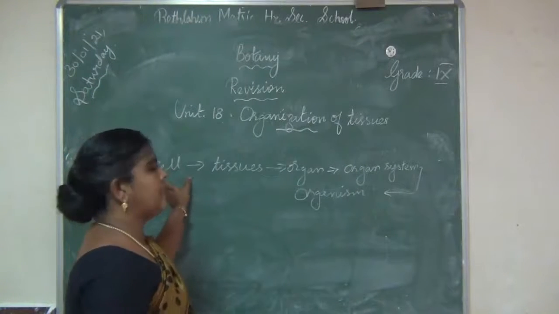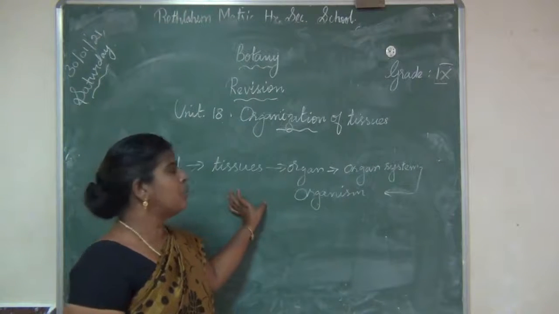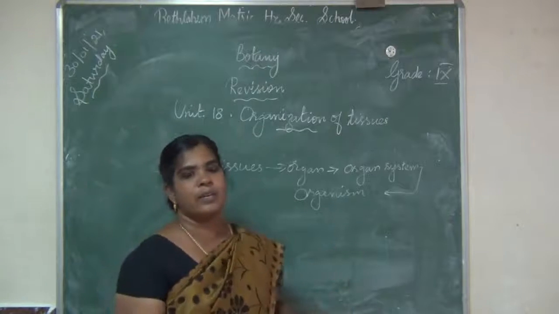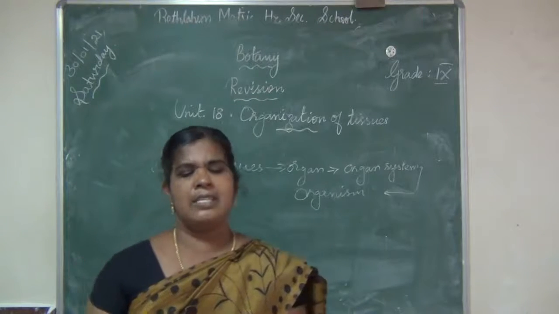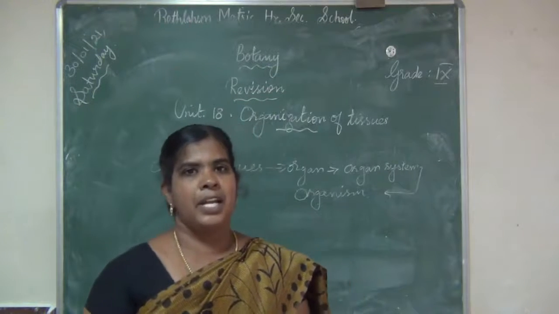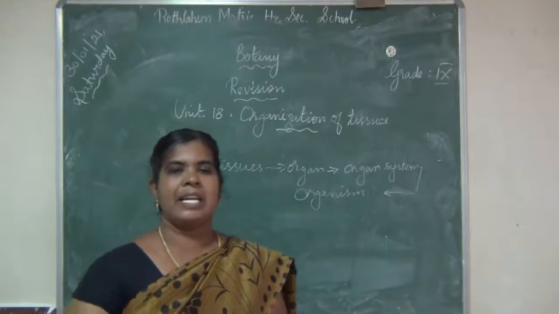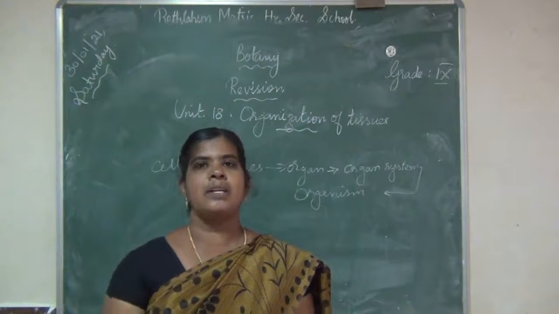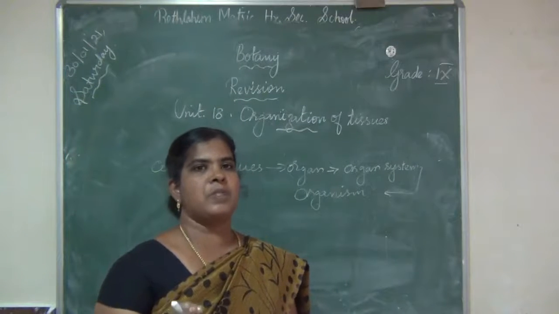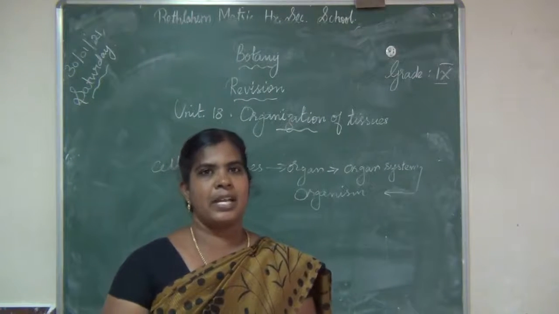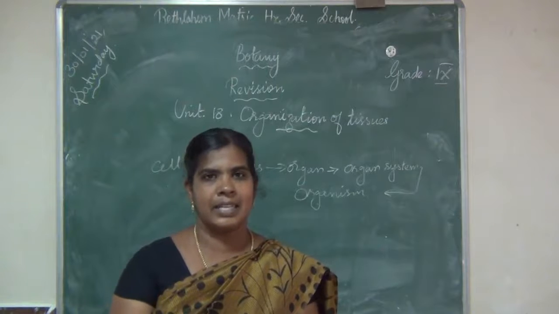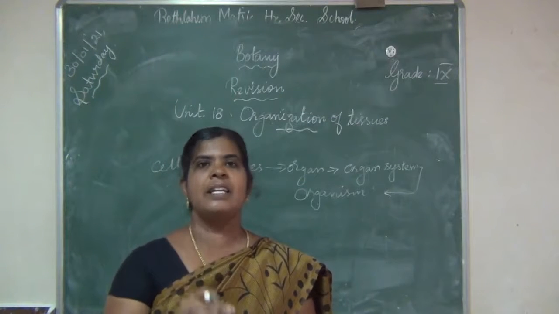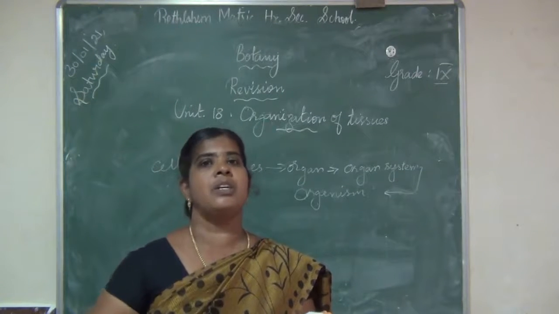Then define cell, define tissues and define organ. Organ is a structure made up of different types or collection of tissues. Example, in plants, the root, stem and leaves are the organs. How to underline? Inside the text you have to mark. You have to read each and every line and you have to learn.